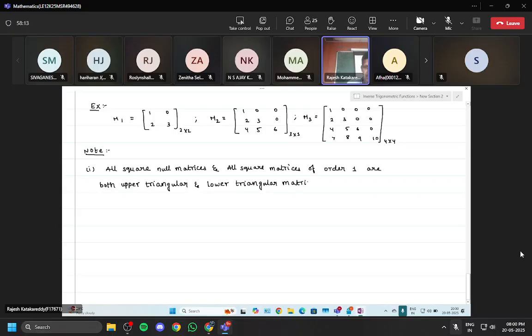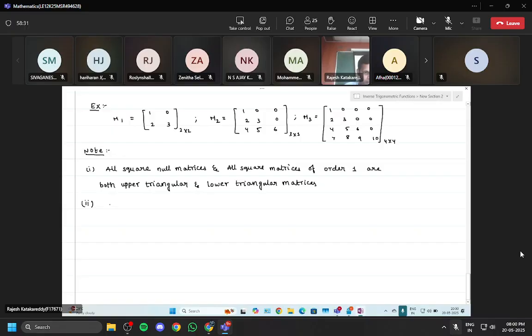Do you have any matrix with you which is both upper triangular and lower triangular other than square null matrix and order 1 matrix? You don't have, only 2.